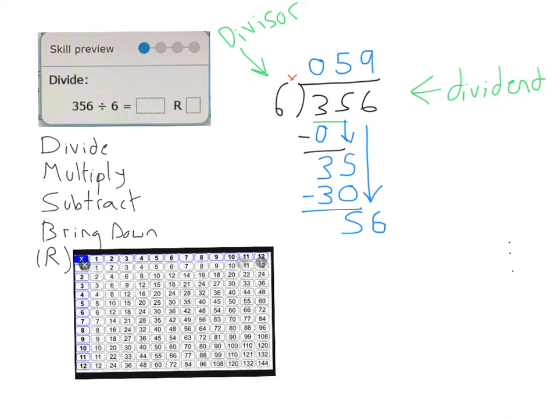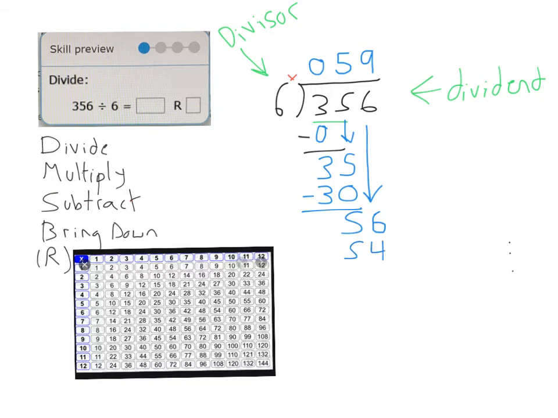You go to your 6 times table and go across until you're close to 56 but not bigger. There's 54, there's 60, so I have to stop at 54 because 60 is bigger. I look up and the other factor is 9. So 56 divided by 6 is 9 with some left over. The answer to the division question goes on top. Done the divide. Now we're multiplying. 9 times 6 is 54.